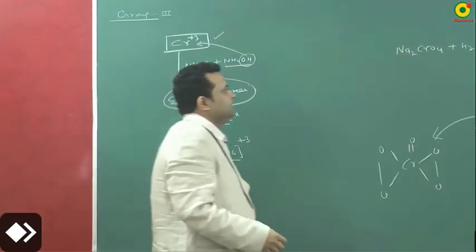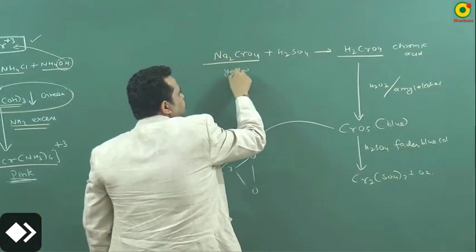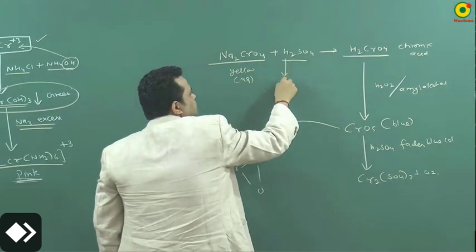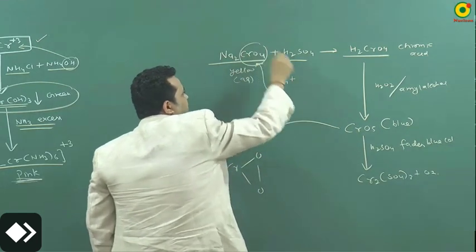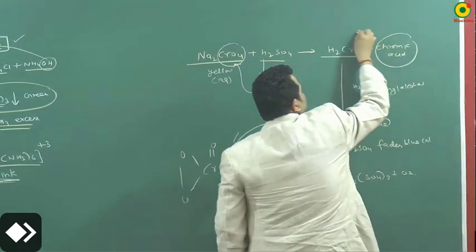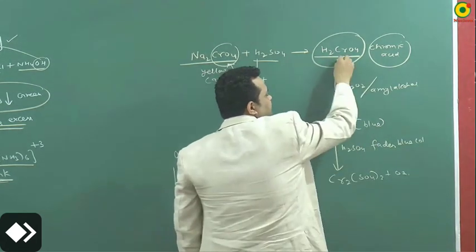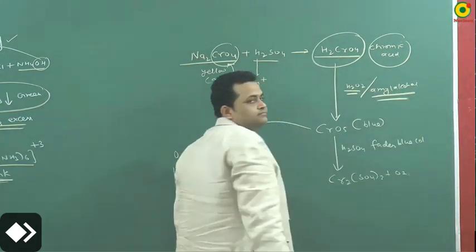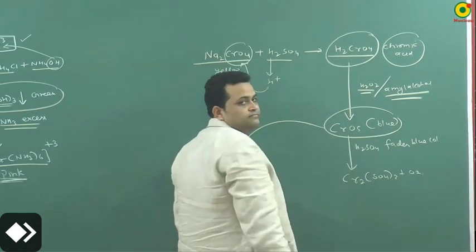Next, in group three, if we are forming yellow solution of sodium chromate, if we add H2SO4 in this solution, H2SO4 gives H+ and which can displace Na+ ion, forming an acid which is named chromic acid, and the formula is H2CrO4. In this acid, if we add H2O2, hydrogen peroxide, in presence of amyl alcohol, then blue compound CrO5 is formed.